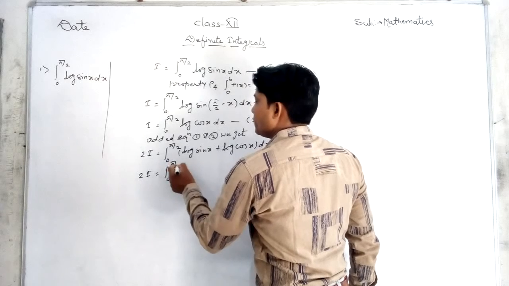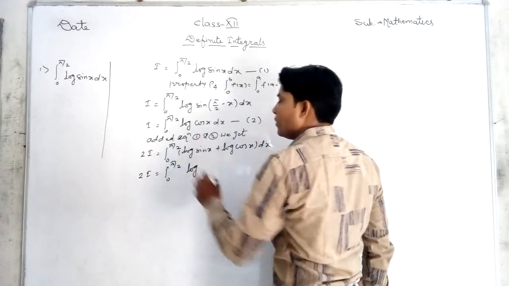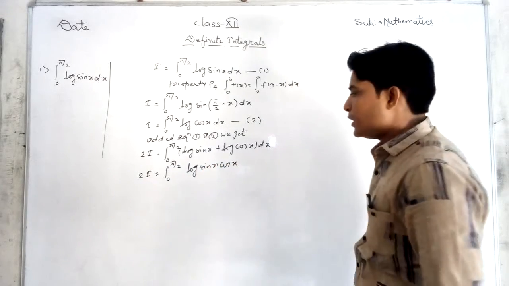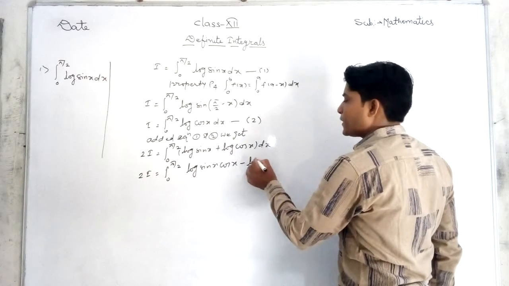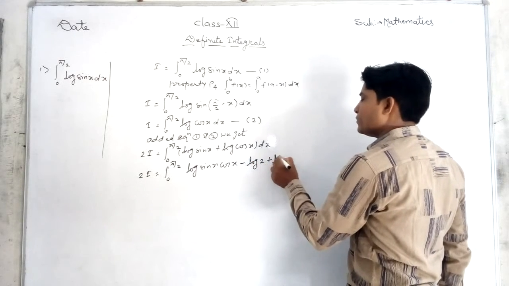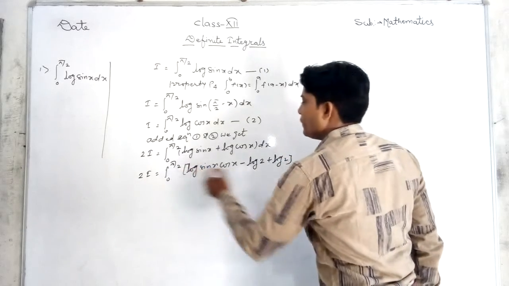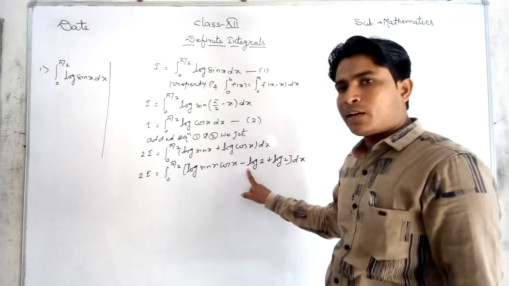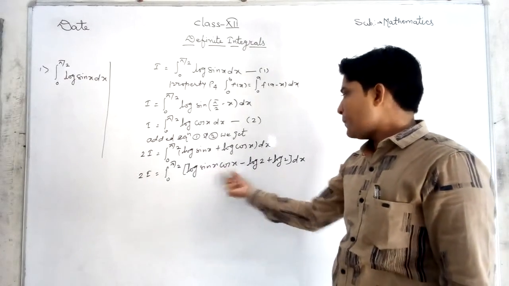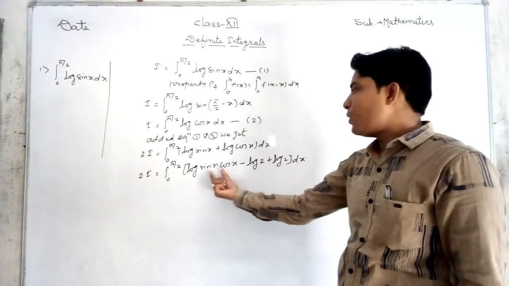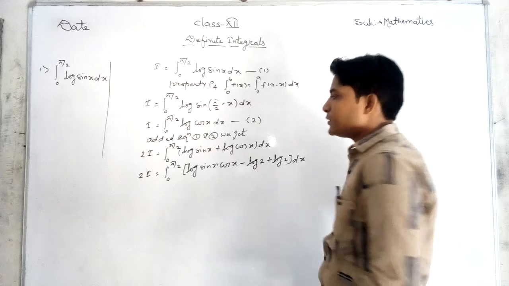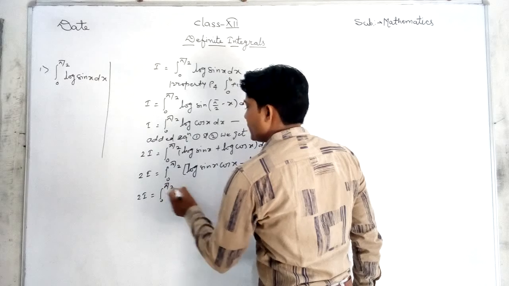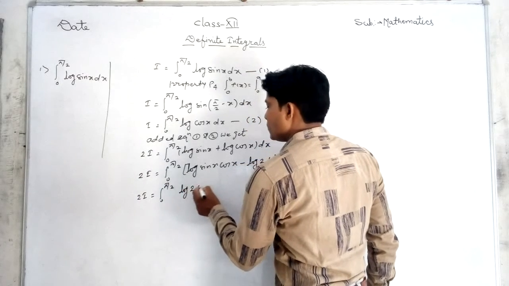If we add and subtract log 2, then we get 2I equal to the integral from 0 to pi by 2 of log(2 sin x cos x) minus log 2, dx.